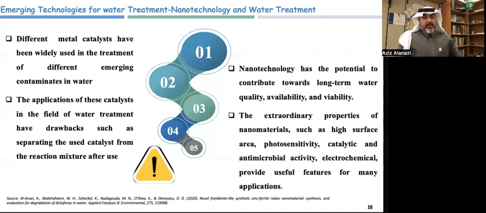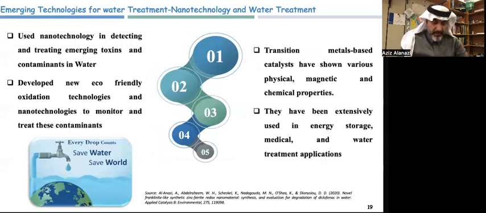With the research group I work with, we developed a new eco-friendly nano catalyst for oxidation technologies, and also to monitor these new emerging contaminants. The nano catalyst we developed works in a very environmentally friendly way.